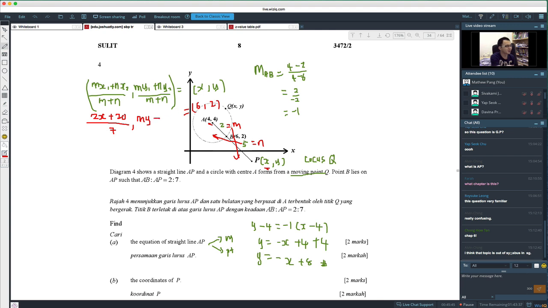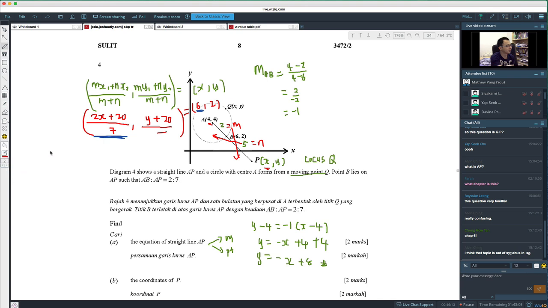Right, then this one will equal 6 and 2. So the x coordinate will equal the x coordinate here. I know my value of m, which is 2, so I substitute 2 here, and the 7 is missing.